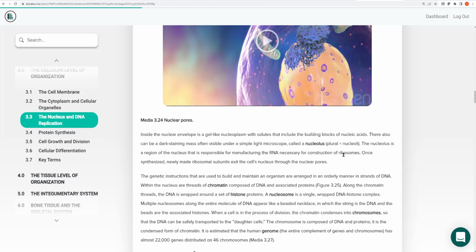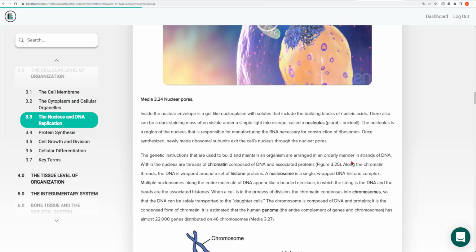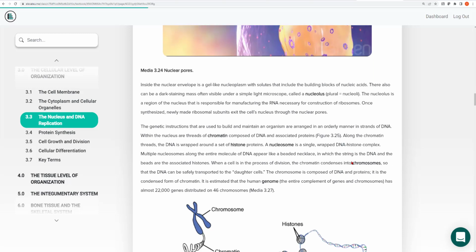So now you get an idea of why we need those nuclear pores. We need the RNA that makes ribosomes to be able to come out of the nucleus to combine to make these ribosomes. Inside the nucleus is where we find the DNA.